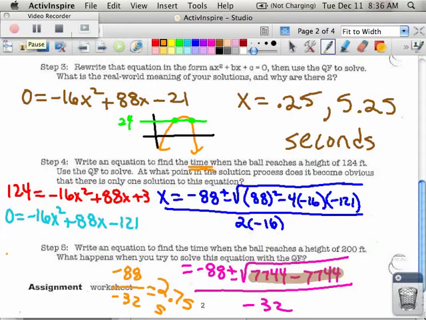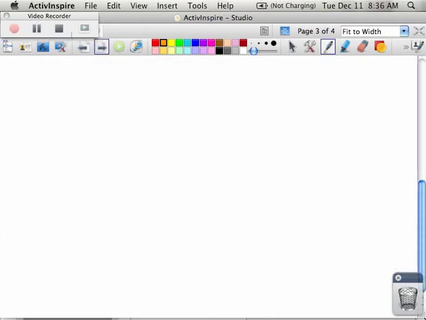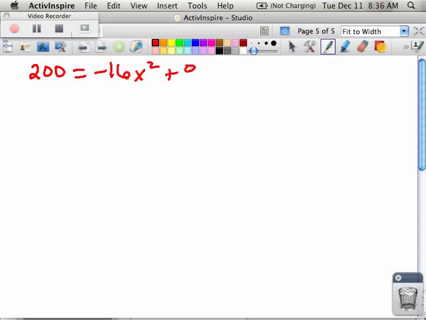So the last question here says, write an equation to find the time when the ball reaches a height of 200 feet. And what happens when you try to solve this equation with the quadratic formula? So we're going to try this algebraically again. I'll go to the 3rd slide here. That's blank. And I know that my equation, when I set it up, I want to have the height, 200 feet, equal to negative 16x squared plus 88x plus 3, which was my original starting value.